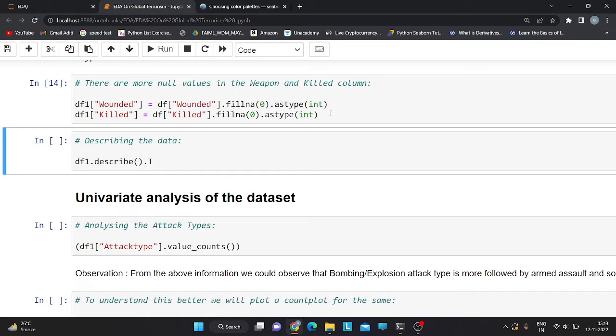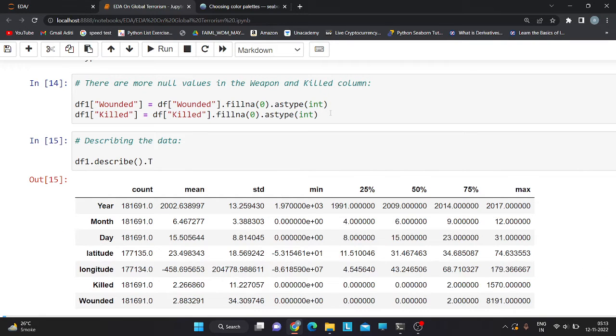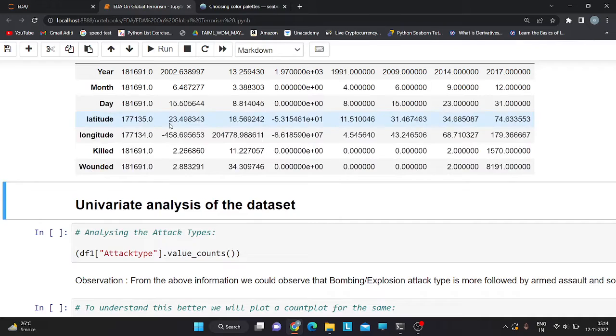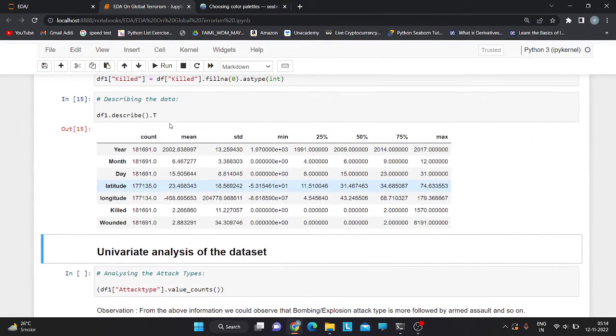Let us see the summary statistics of the data. This is the summary that we get from the .describe function. Now looking at only the summary will not make sense. We need to do in-depth analysis. So first we are going to take up univariate analysis, and then we will do bivariate analysis.